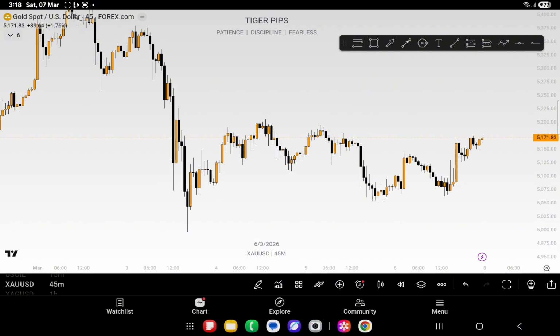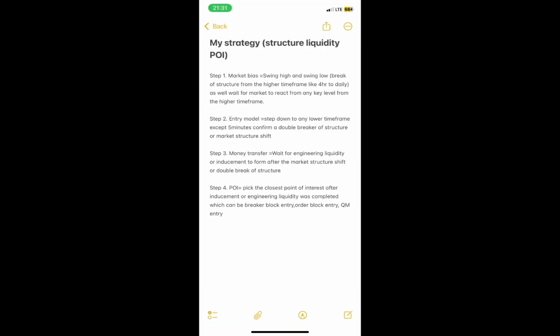Now we're going to be checking my strategy rules here. What is the strategy talking about, or what is the bias always requesting from us, right? In structure, liquidity, POI, everybody has his own way of trading it.